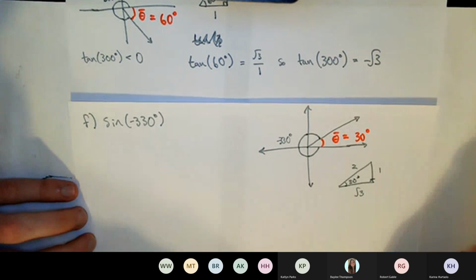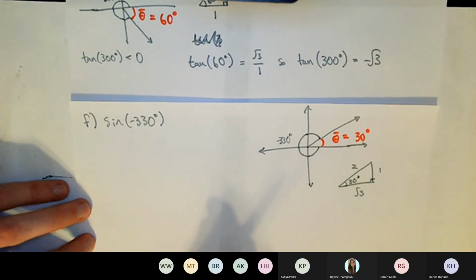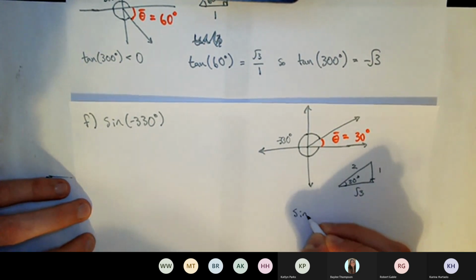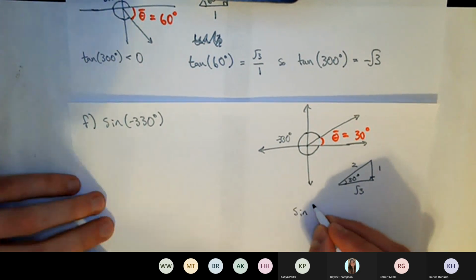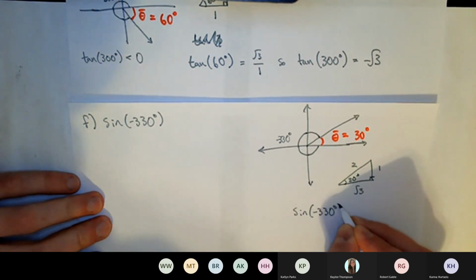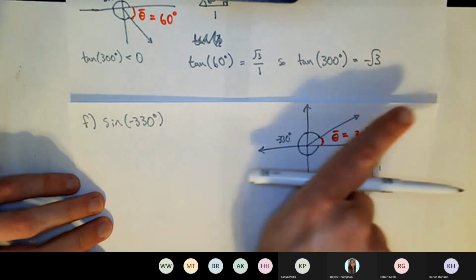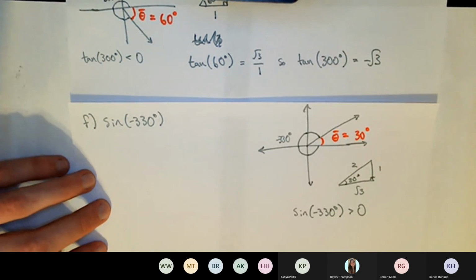So here it is. I've already drawn this one. Now I need to think about sine in the first quadrant. Sine of negative 330 degrees should be positive because it ends up in the first quadrant. Sine is positive up there.